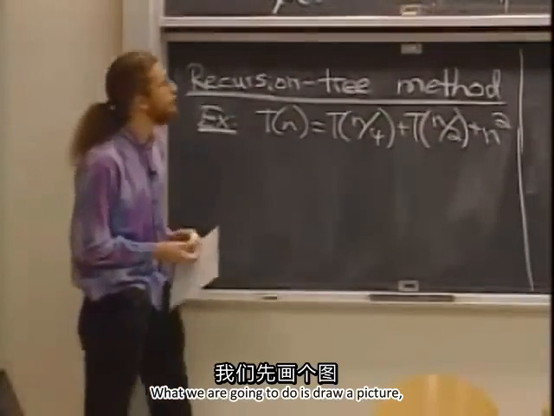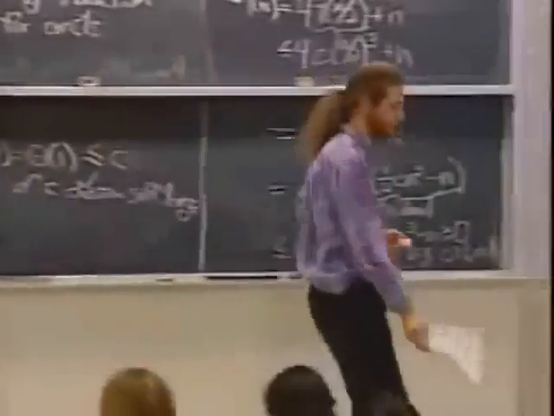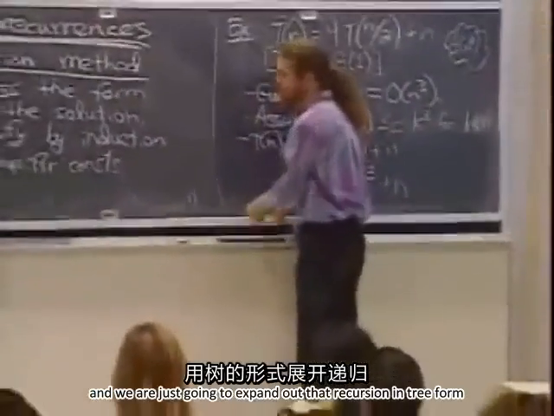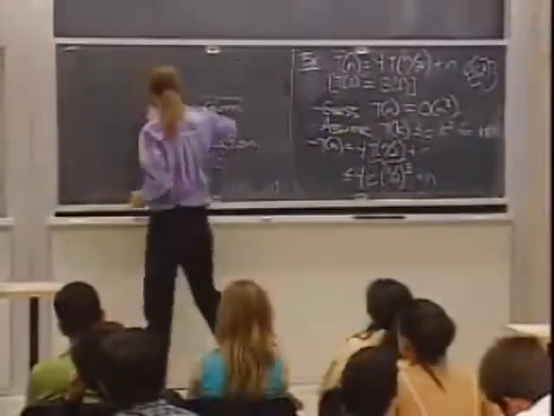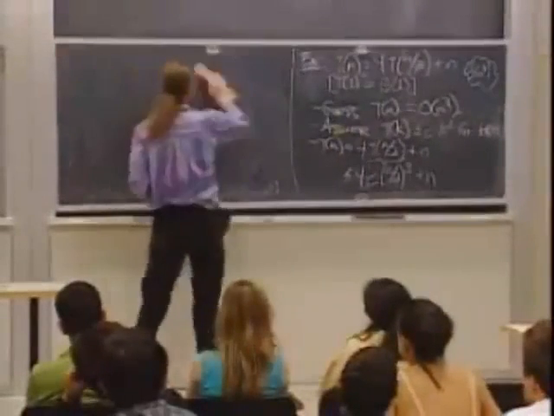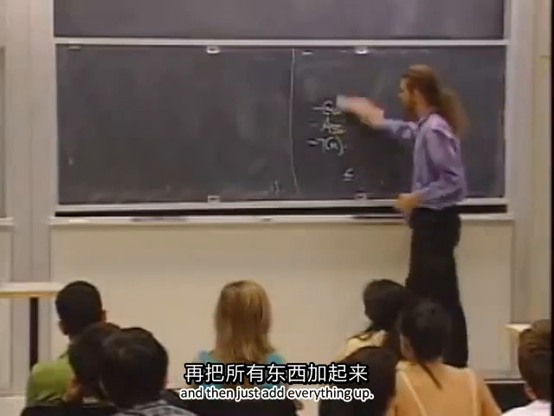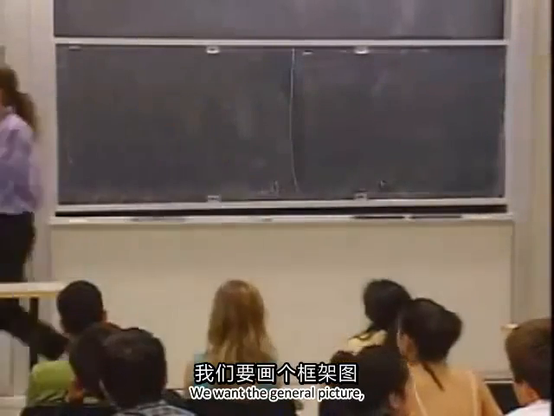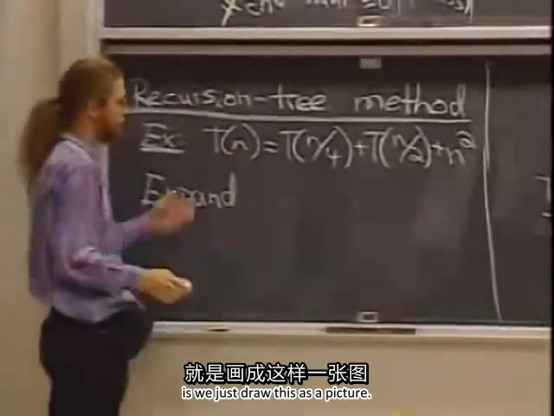So what we're going to do is draw a picture of how we expand out that recursion in tree form, and then just add everything up. The general principle in the recursion tree method is we just draw this as a picture.